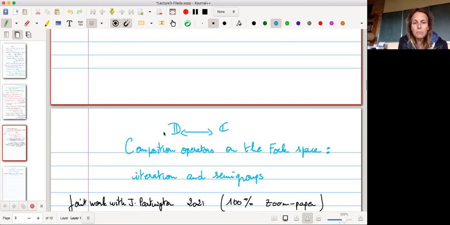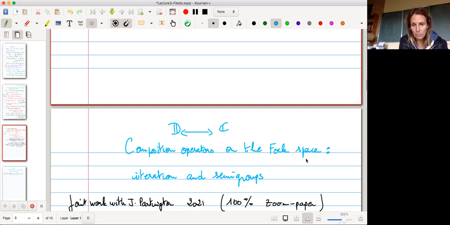So I would like to replace the open unit disk by the whole complex plane, and I would like to look at composition operators on quite well-studied spaces of entire functions.